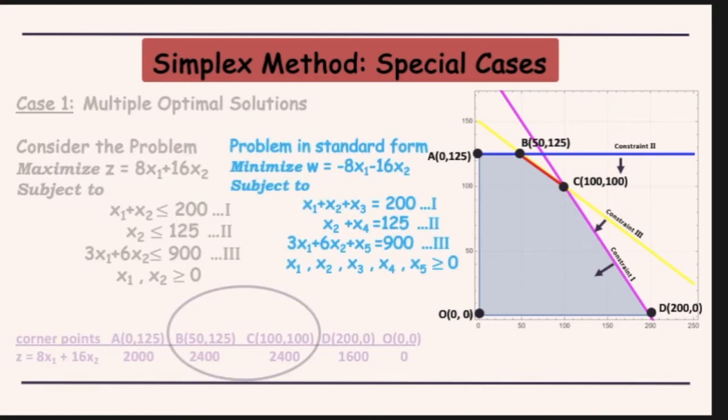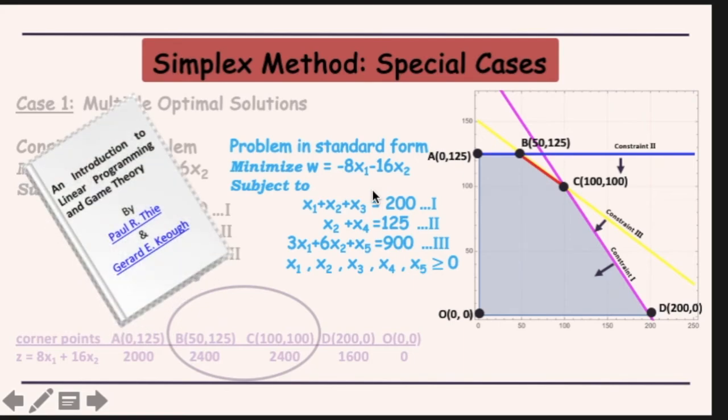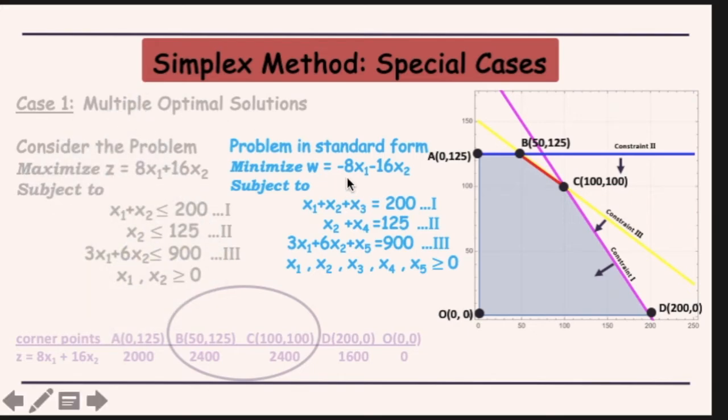So for converting it to the standard form, I am using the notations which have been referred in this book of linear programming, and accordingly I would now convert my objective function to a minimization function with the negative coefficients taken here, and I take the new name for the objective function, which is w, and then I am going to convert all my inequality constraints to equality constraints by adding slack variables in this case. So these are my new slack variables which have been added, and all my variables are non-negative. So I'll be starting to solve this problem using simplex.